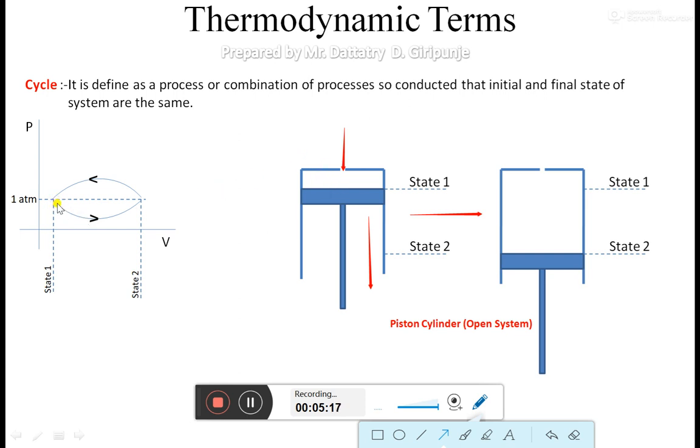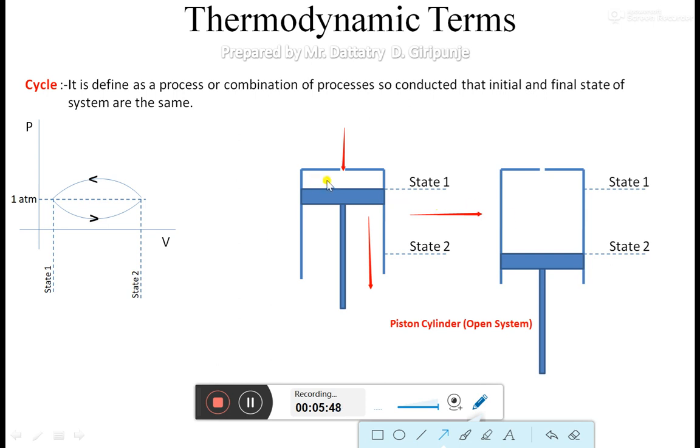So it follows a negative curve. Why negative? Because this curve is below the atmospheric line, so it is a negative pressure, and it reaches state 2. Then it gradually travels again towards the positive pressure, that is atmospheric pressure, and whenever the system reaches state 2 the atmospheric pressure will be there.